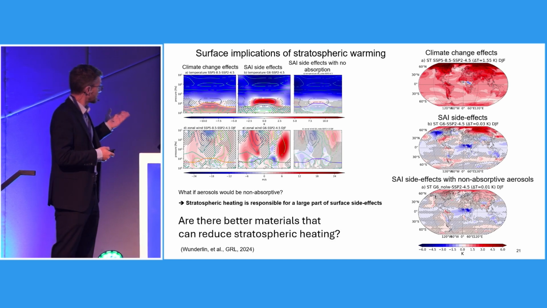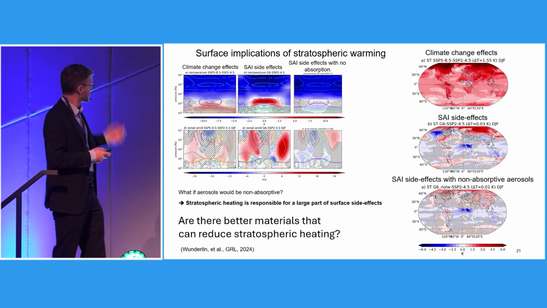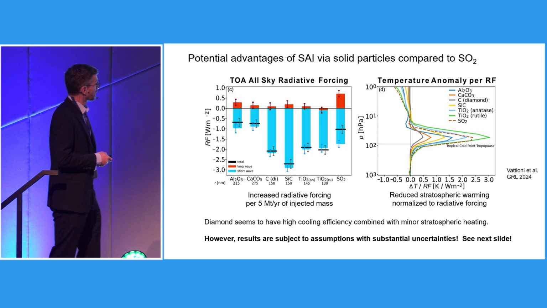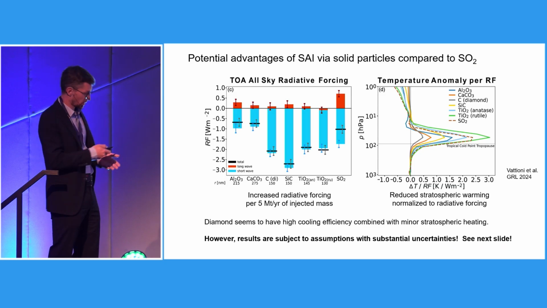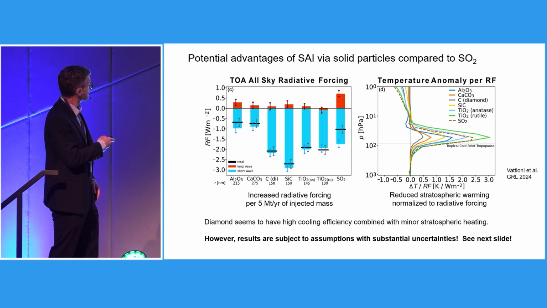we ask ourselves, are there better materials which could reduce stratospheric heating? And the short answer is yes, there is. So we did test some materials with our aerosol chemistry climate model. We injected 5 megatons per year of materials in the stratosphere, and you can see that many materials such as diamond, silicon carbide, they result in larger radiative forcing compared to SO2 here.